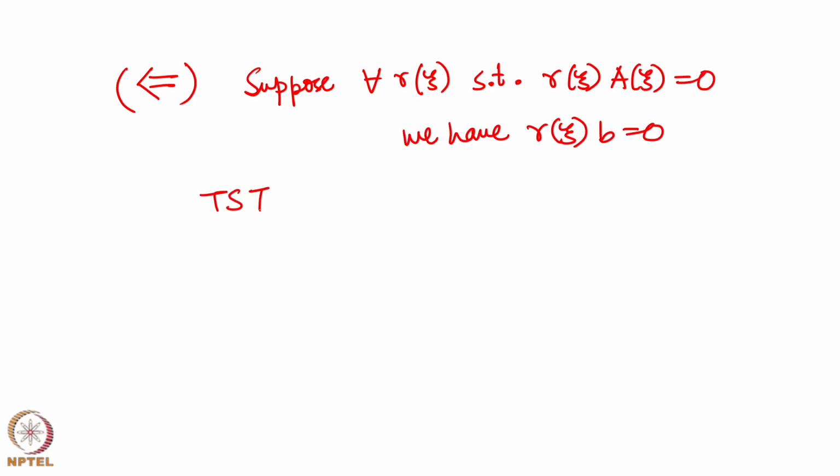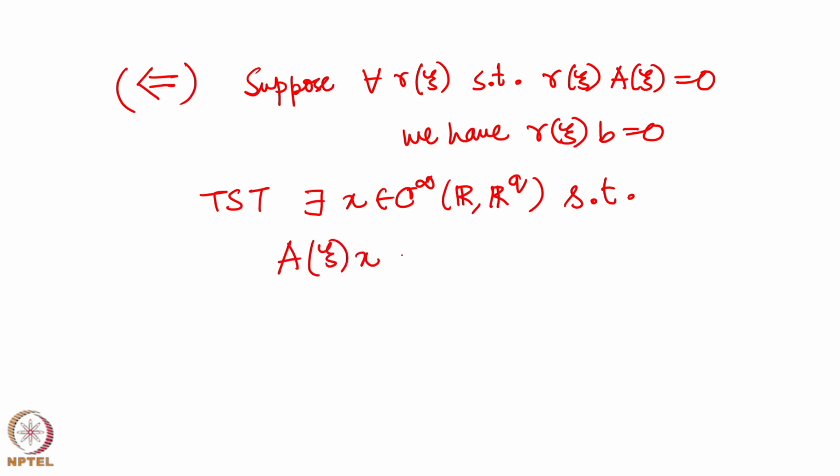We want to show that there exists x in C infinity(R, Q) such that A(ξ)x is equal to B. That is what we want to show.